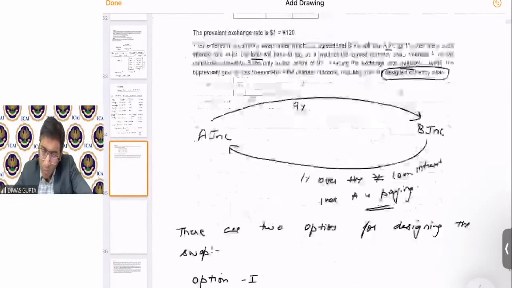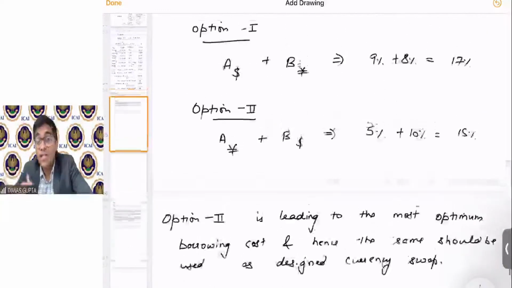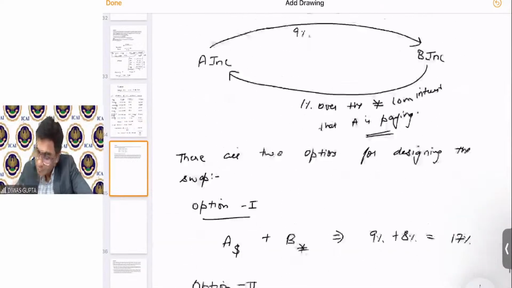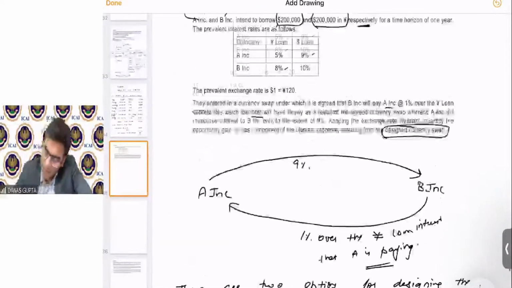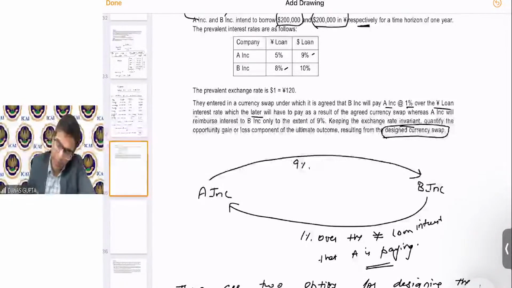However, the option that we have finalized is A in yen and B in dollars. That is why there will be a need of swap. Further, it is also mentioned in the question that B Inc. will pay to A at the rate 1% over the yen loan interest rate, which the latter, A, will pay as a result of the agreed currency swap.